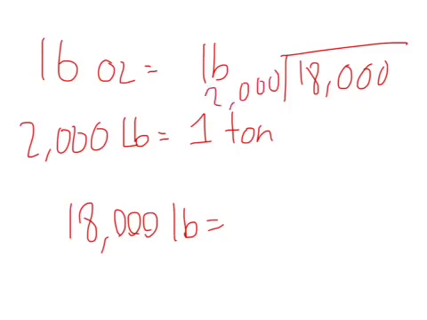You know that 2 times 9 would be 18, so it'll be 9 times. Pretty much I can eliminate 1 zero, 2 zeros, 3 zeros, and that's pretty much 18 divided by 2. So we know there's going to be 9 tons. So that's it for weight.